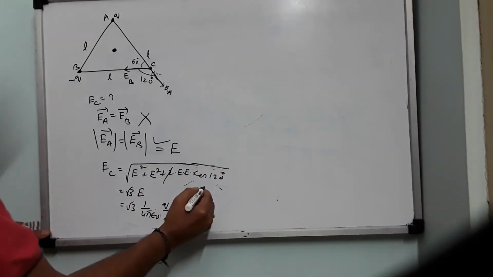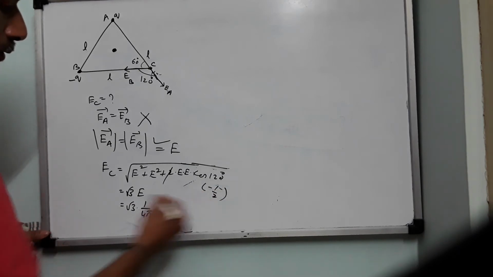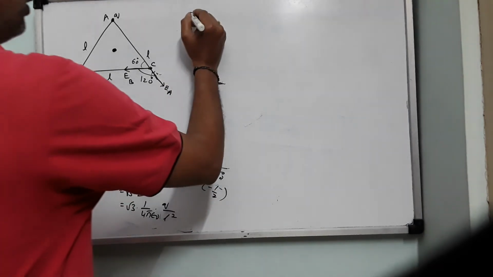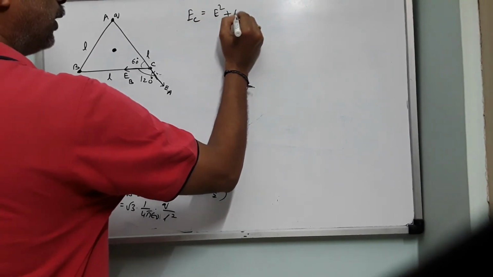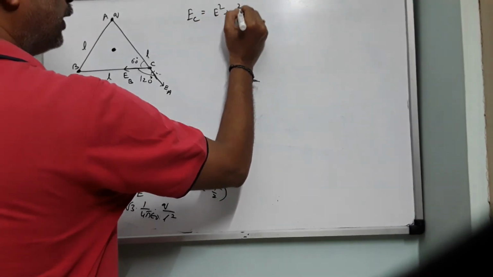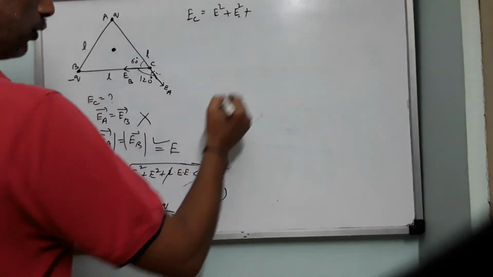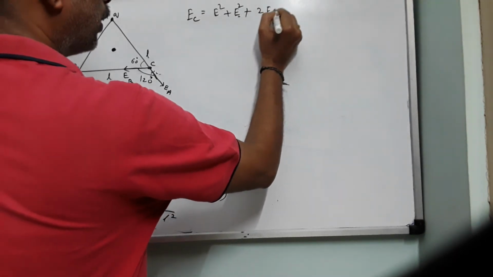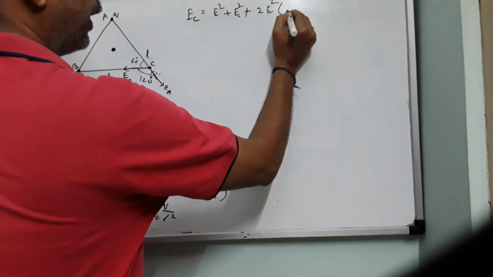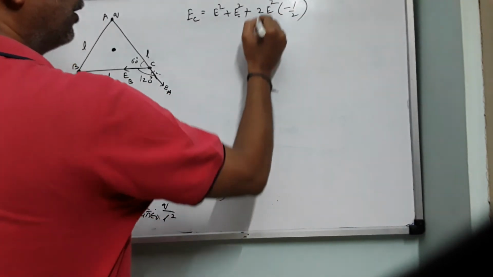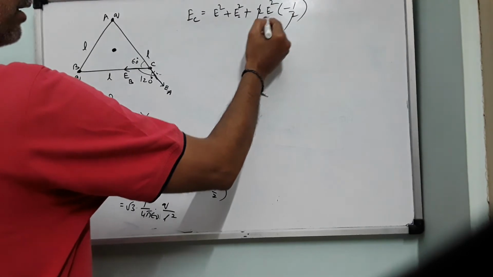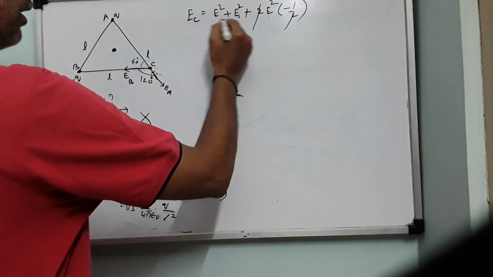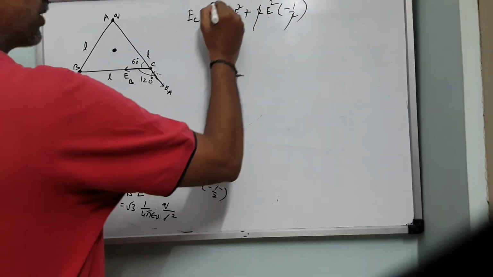Now cos 120 is minus half. So therefore, your electric field at point C will be E square plus E square plus 2E square into cos 120, which is minus half. So now this 2 is cancelled. This will become minus E square. So one of the E square is cancelled. So you are left with only 1 E square under root.